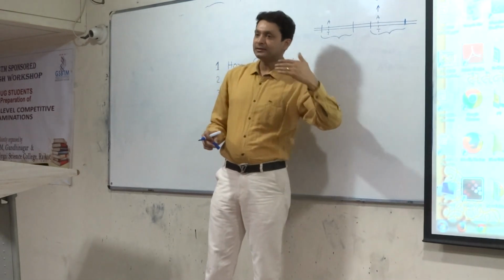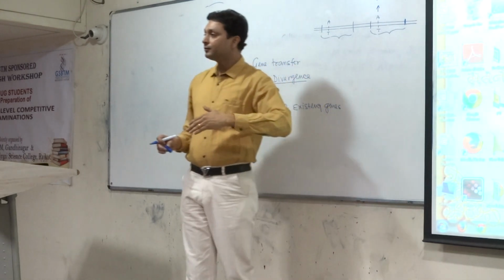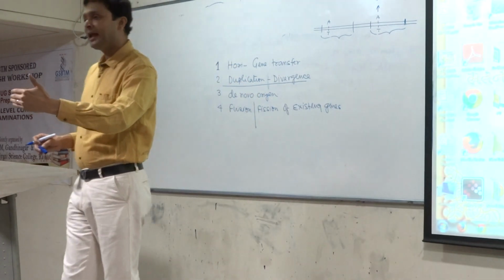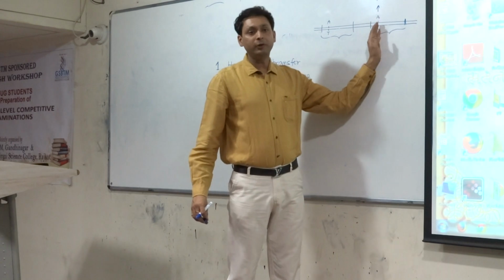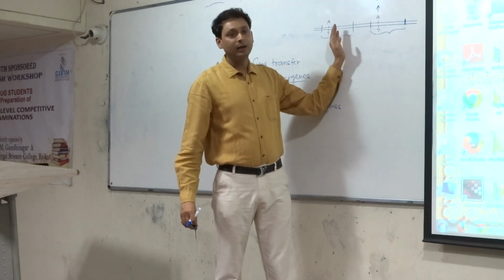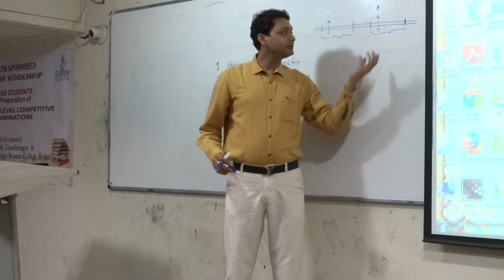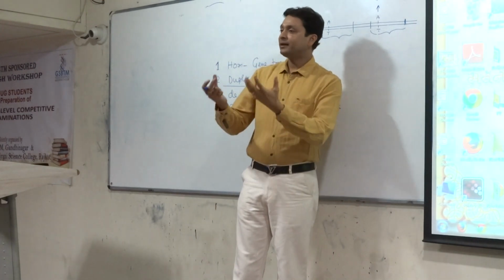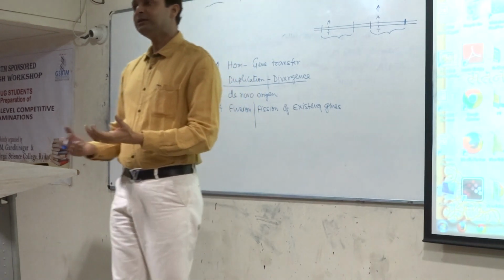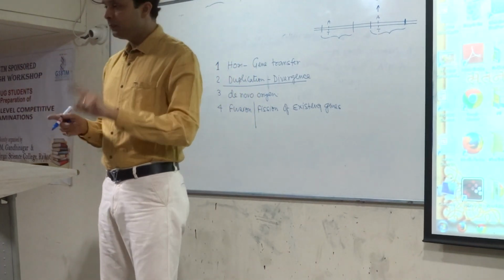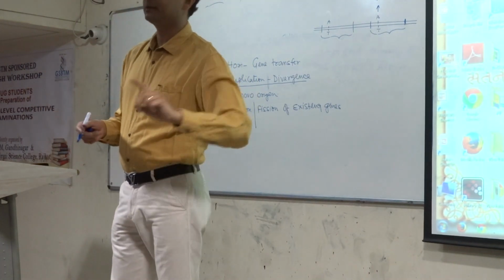So first duplication occurs. After the duplication, divergence occurs. As a result of divergence, now we have two different genes. This is one gene and this is the second gene. So we can say these are the new genes that the cell has acquired. This process by which the new gene is acquired is duplication followed by divergence.